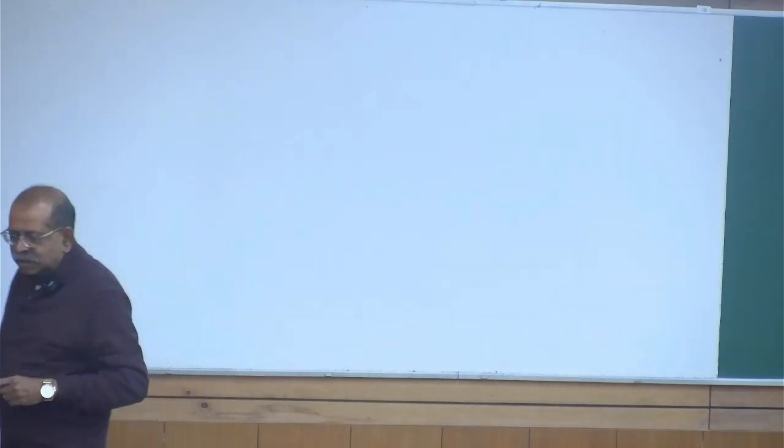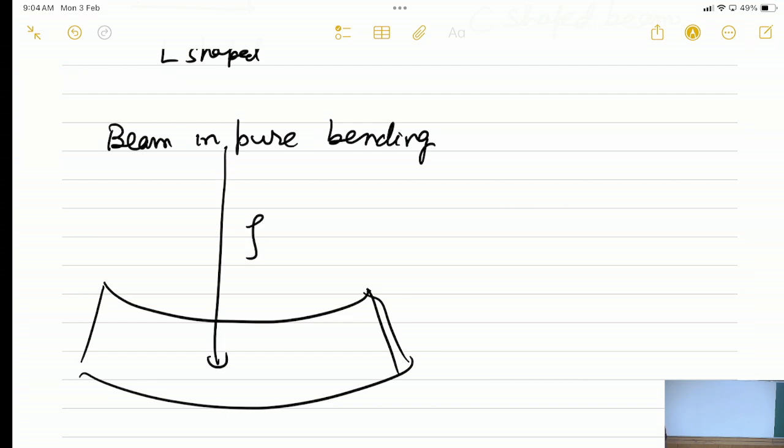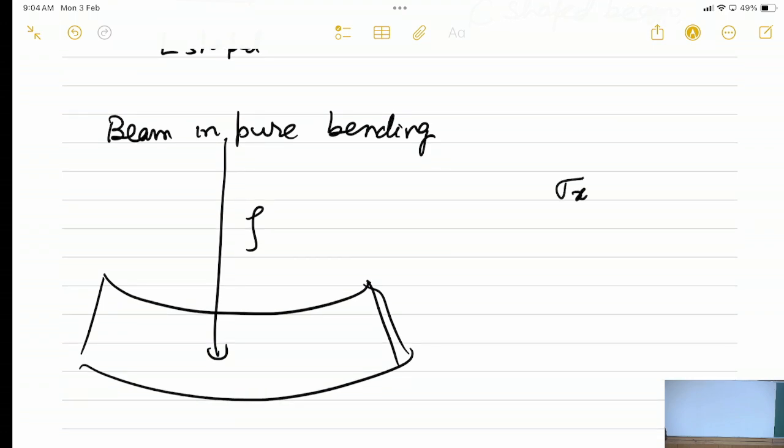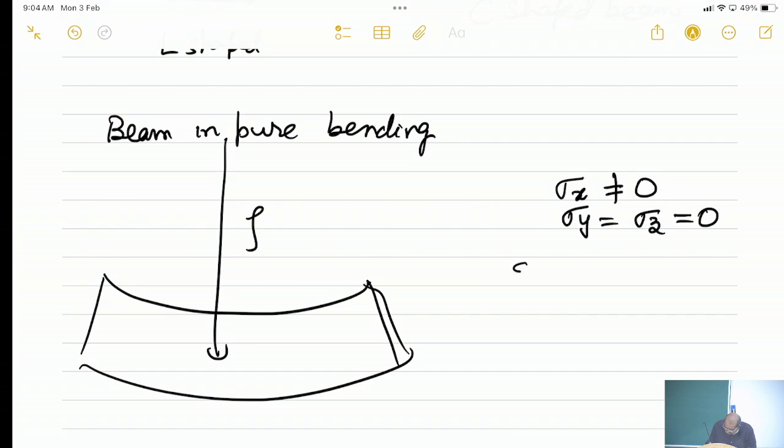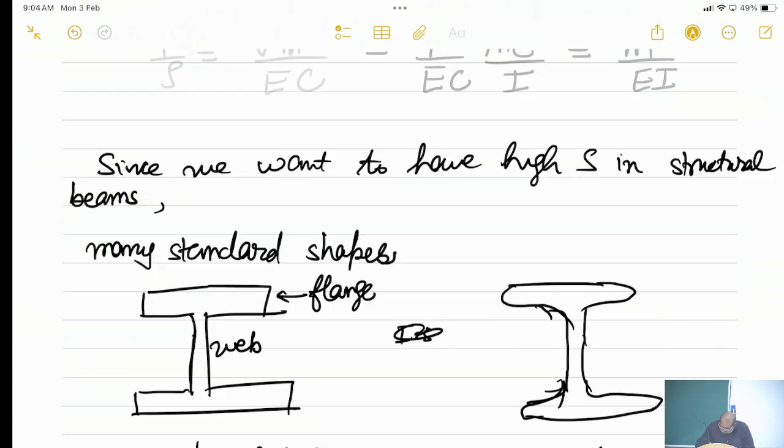So, if we try to look at a beam in pure bending, epsilon x was given by this.